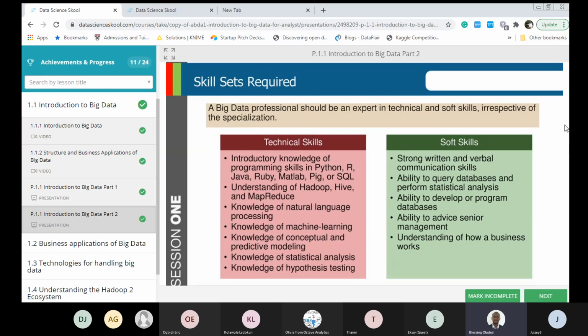If you're already conversant with SQL, or any programming language, then I'll tell you good luck, because you'll find every other thing a lot easier, because programming languages to a very large extent are similar. It's just that the syntax differs. If you learn the syntax for Python or for R, once you master the syntax, you become an expert automatically.